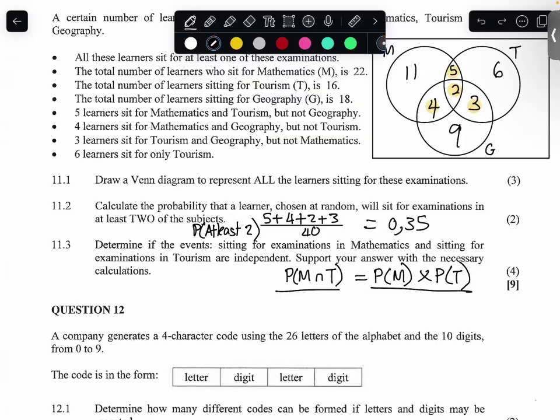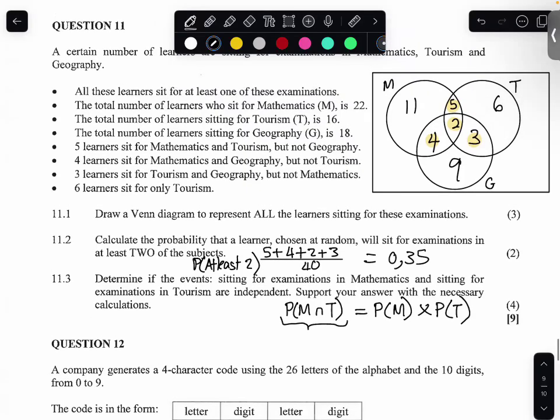So first, let's figure out what the probability of M and T is. So if you look at M and T, sorry, this is 5. Right. Probability of M and T is this overlap. Right?